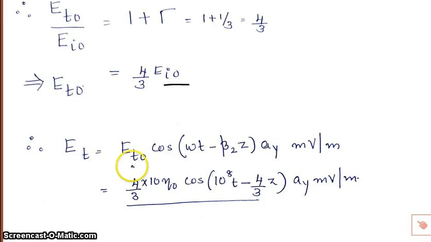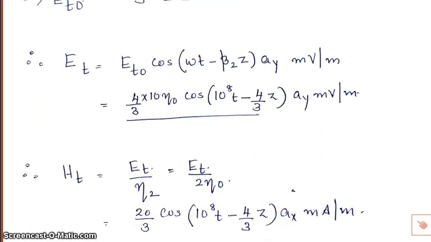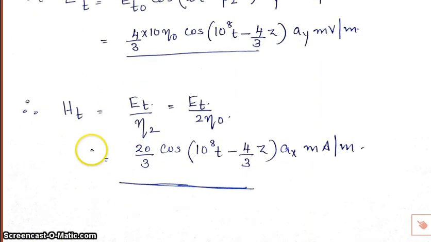E_t is equal to E_t0 cos(ωt − β2 z), here beta 2, because the transmitted wave is in your second medium, in the a_y direction, millivolt per meter, and you have the value of E_t0 as 4 by 3 of E_i0, and instead of E_i0 you can substitute 10 eta naught. Finally you will get the expression for E_t. And if you know E_t, what is H_t? H_t is equal to E_t by eta 2.